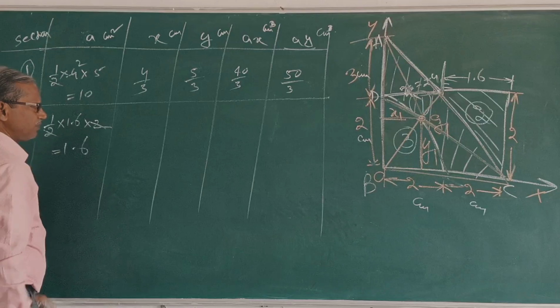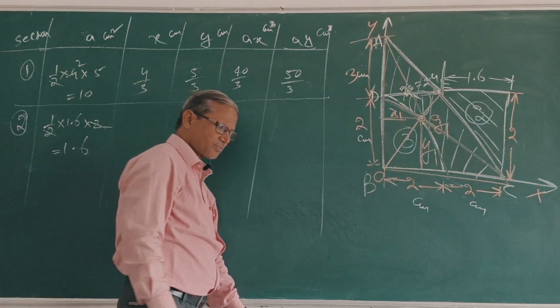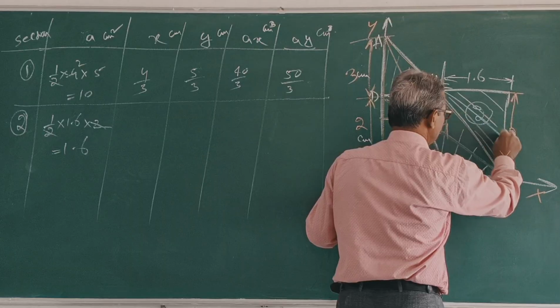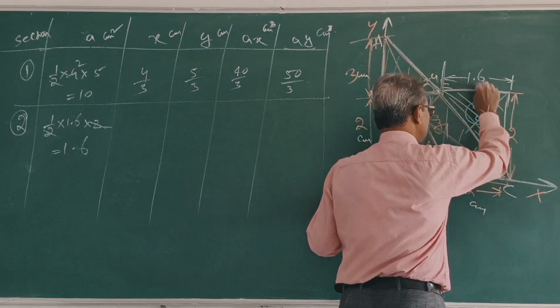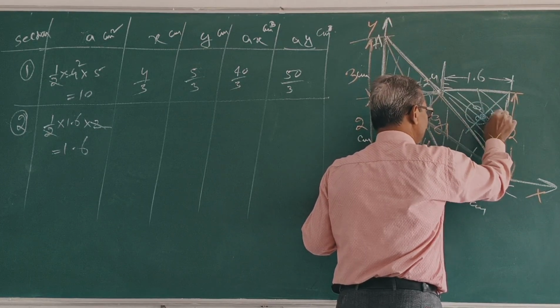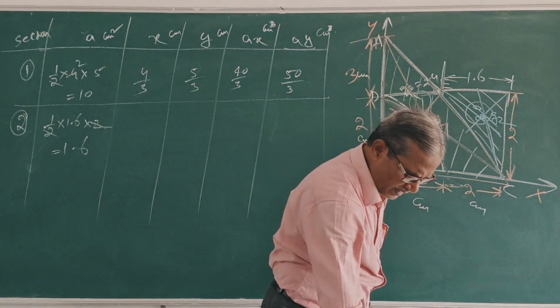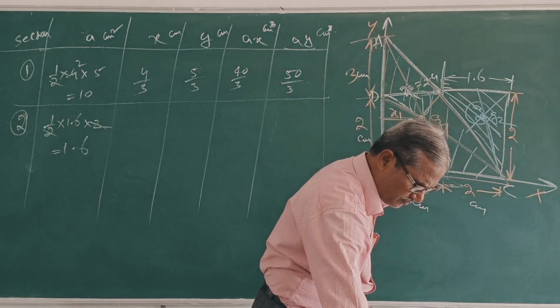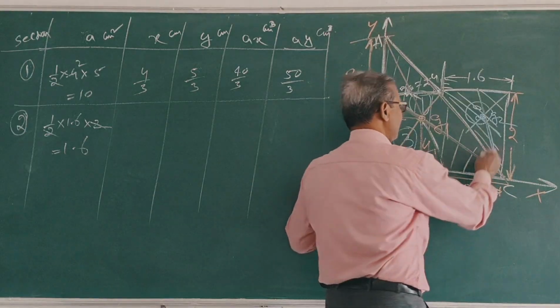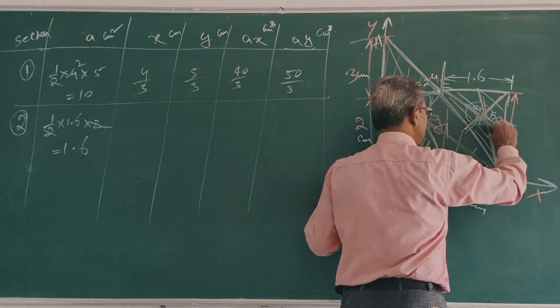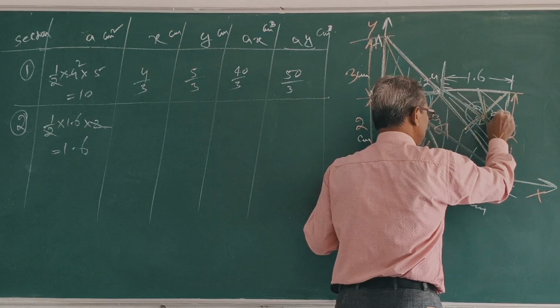Same square. Clear? Suppose this is G2. What is G2? Where three medians cross each other. This is median, this is one median, this is another median. This is point G2.